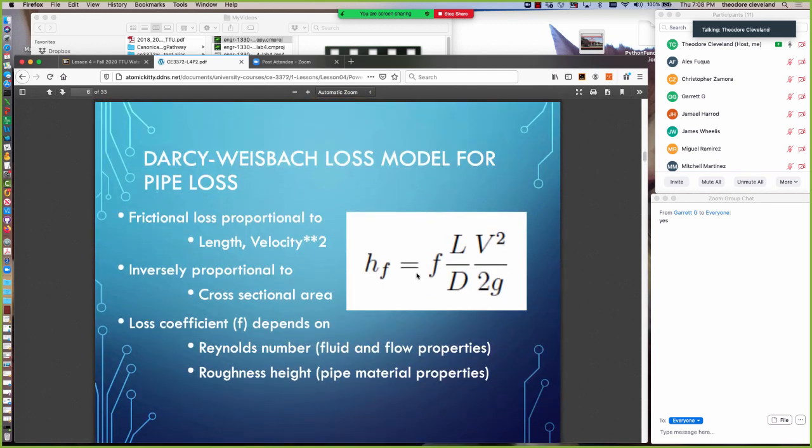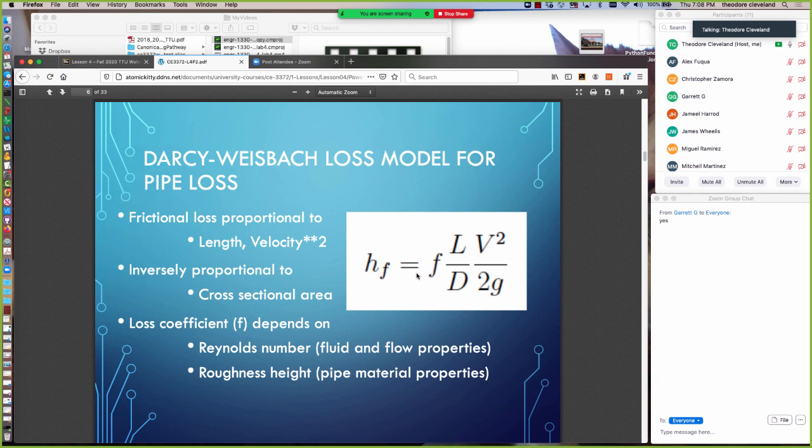So the Darcy-Weisbach loss model for pipe loss is shown here in the presentation as the head loss due to friction is equal to a friction factor, F, multiplied by the ratio length over diameter, multiplied by the velocity head.